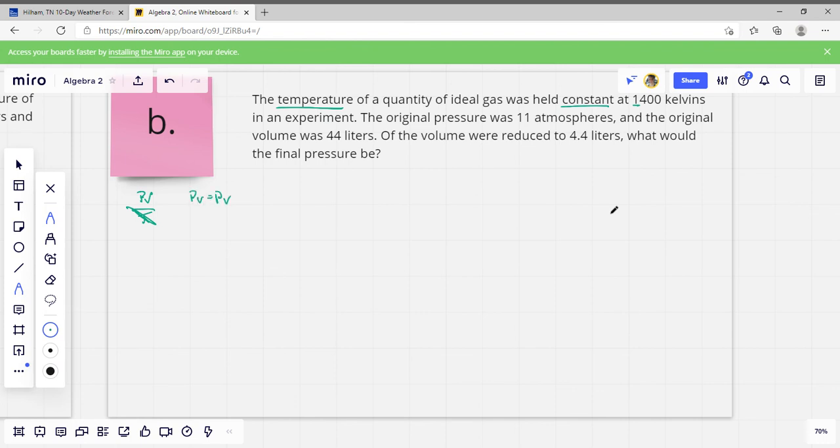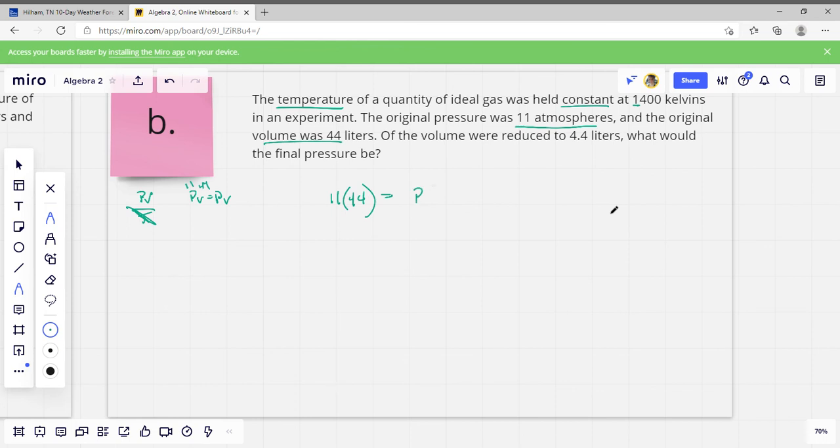The original pressure was 11 atmospheres, so that's our first P, and the original volume was 44. So pressure 11, volume 44. Got that. All right. If the volume were reduced to 4.4, what would the pressure be?